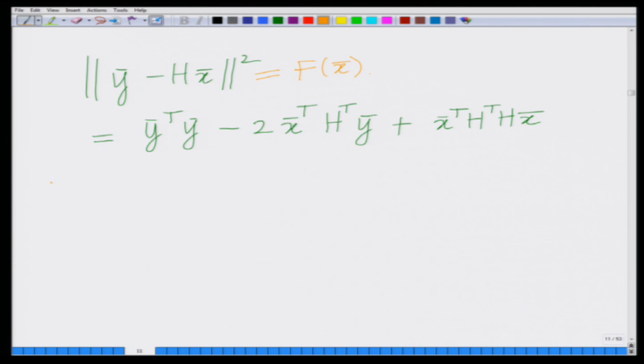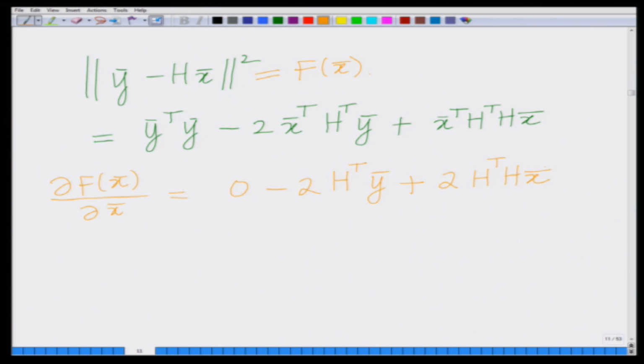Now, differentiating this f of x bar with respect to x bar, the derivative of y transpose y with respect to x bar is 0, minus twice the derivative of x bar transpose c bar, where c bar here is H transpose y bar, plus the derivative of x bar transpose P x bar, which is twice P x bar, that is twice H transpose H x bar.